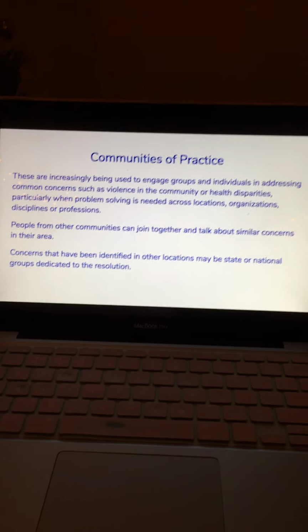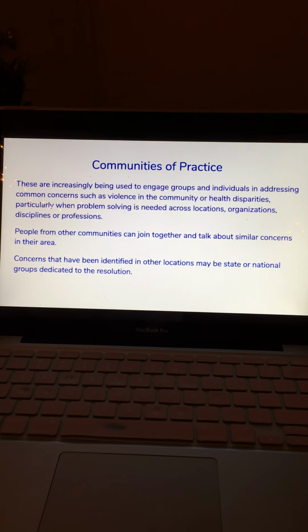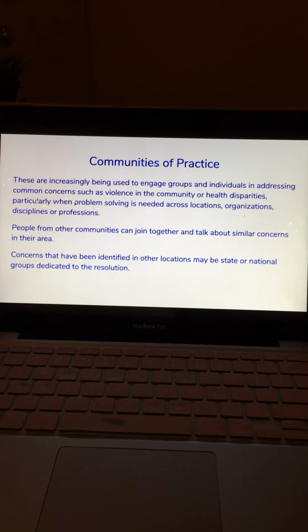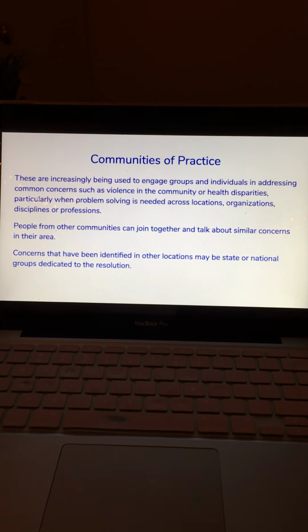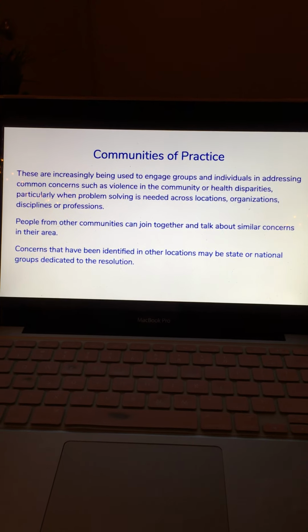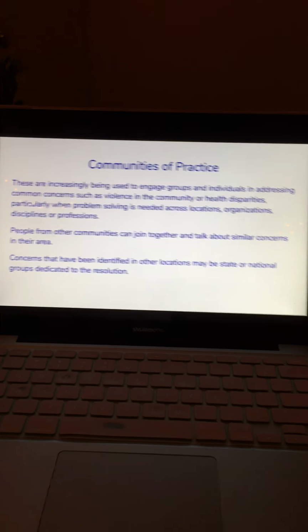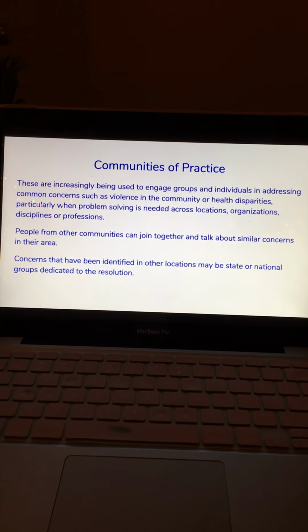So then it continues and talks about communities of practice. These are increasingly being used to engage groups and individuals in addressing common concerns or issues that come up, such as violence in the community or health disparities, particularly when problem solving is needed across locations, organizations, disciplines, or professions. So these are really people in the area who say, these are common concerns that are coming up in our community and they need intervention and they need to be changed.